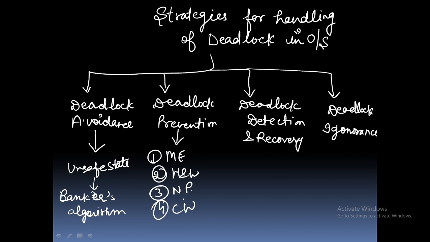This approach ensures that a process does not hold some resources and wait for other resources. But its drawback is that it is less efficient, not implementable, and it's not possible to predict in advance which resources will be required during execution.